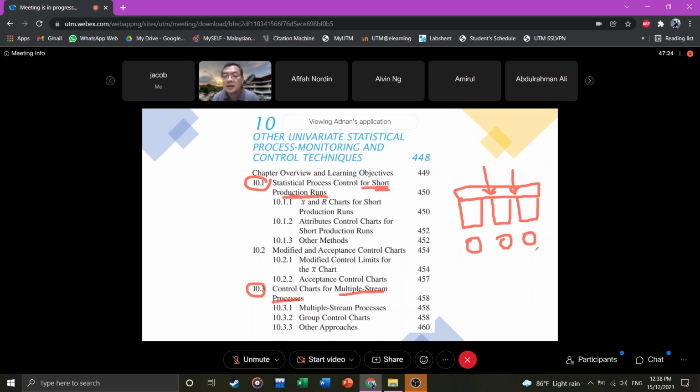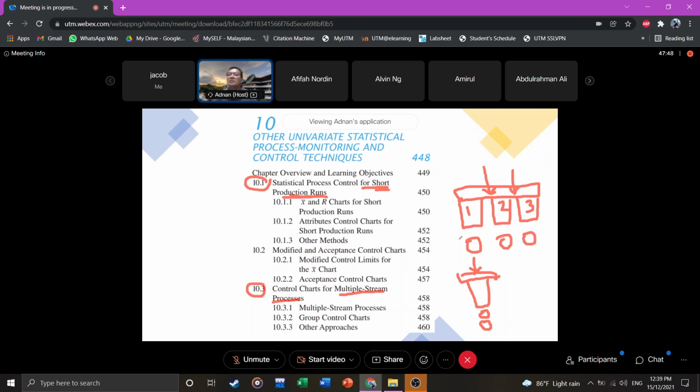These are the challenges. The traditional control chart assumes that the output is coming from only one head. You press here, only one head is out, so we are very sure that this head is causing the problem. But now you have head number 1, head number 2, head number 3.